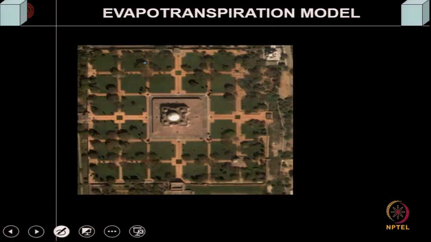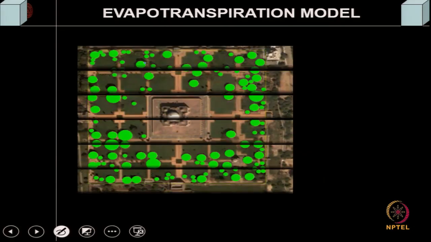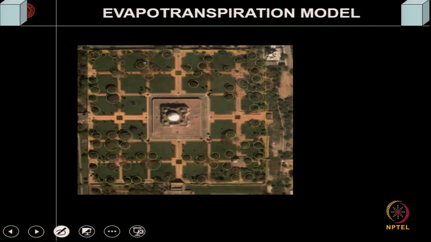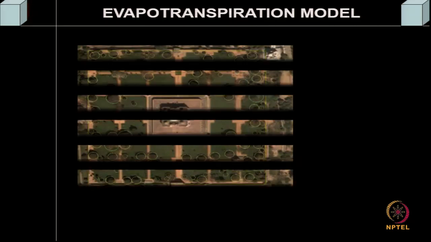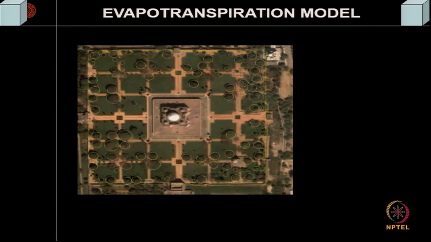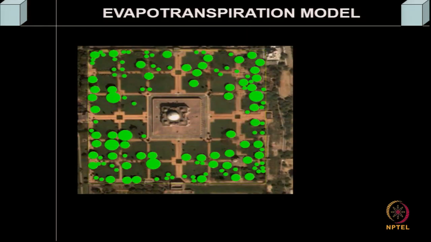This is how it looks from the top, and the trees are like this. So, these are all the trees actually, the circles marked, and when the circles are separately isolated, these are the trees, approximately circular crowns in plan. So, then their sizes can be measured.